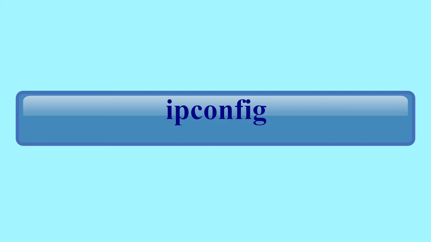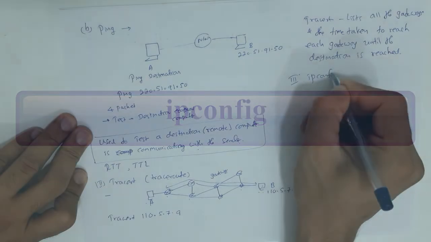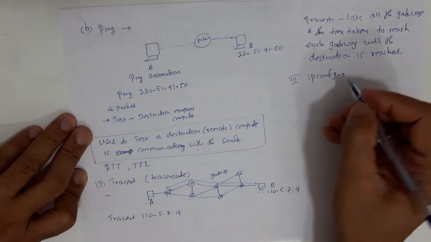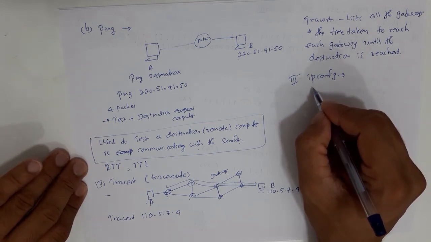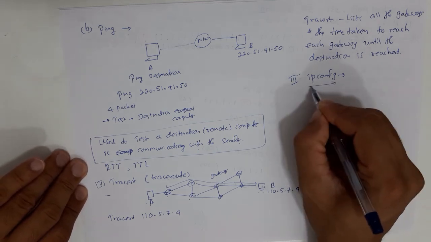Similarly, we have another command called ipconfig. That's the third one. What is this doing? The ipconfig command is entered as it is. We don't need to write any other IP address or destination here.